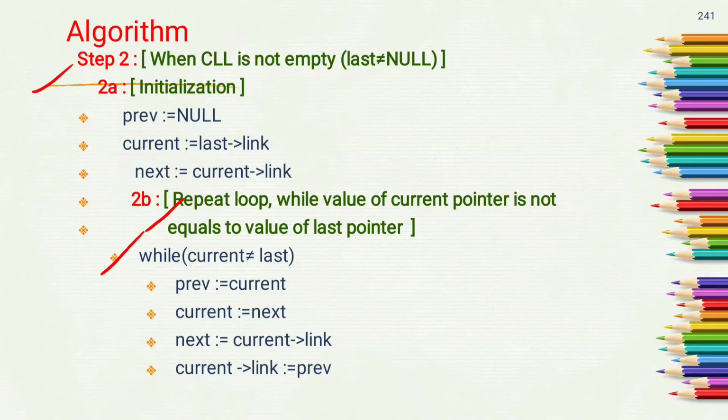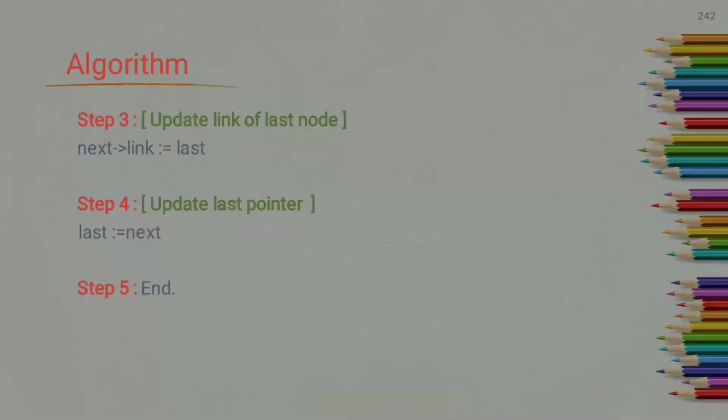Then we have to move previous to current, current to next, and next to current link, and change the link part of the current node to the value of the previous pointer. This loop updates the link part of all the nodes except the first node of the circular linked list.